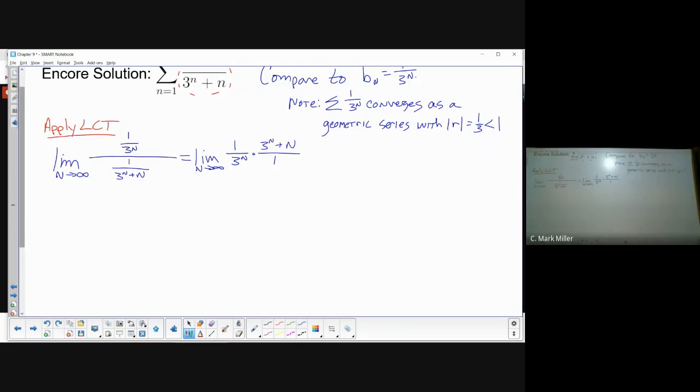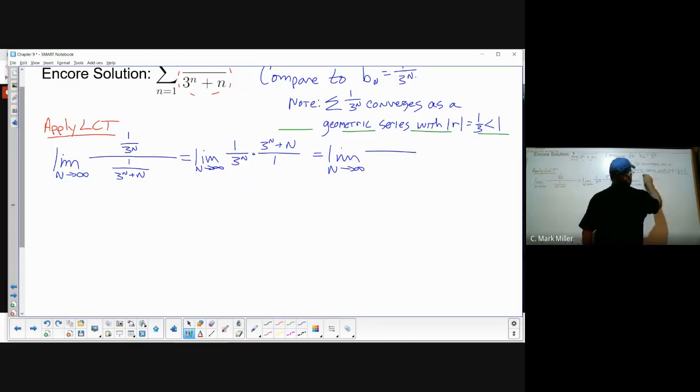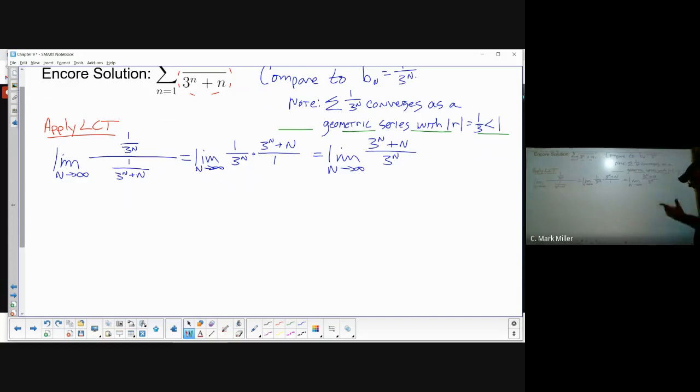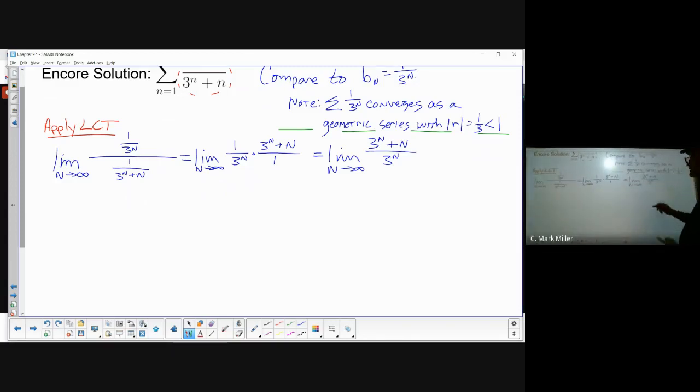This is limit n goes to infinity. And that's an infinity over infinity case. So 0 over 0 cases can usually be made into infinity over infinity cases, right? So this is an infinity. So we're going to apply L'Hopital's.